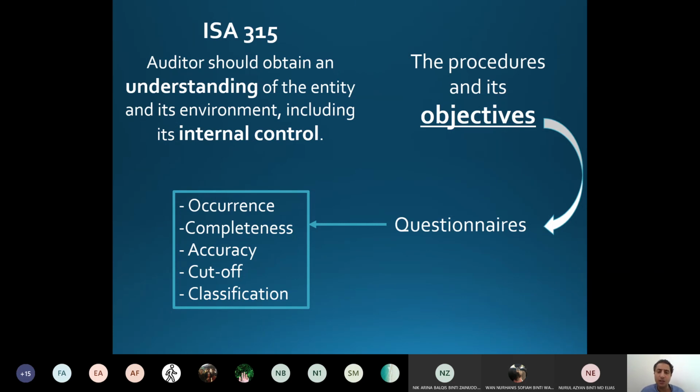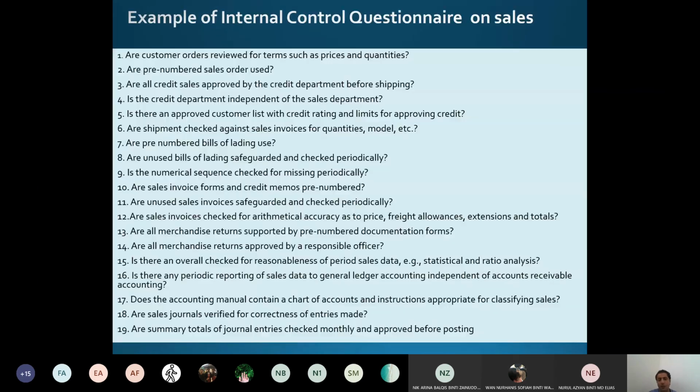The procedures and their objectives can be done through the questionnaire. We apply the questionnaire to check the accuracy, occurrence, completeness, cutoff, and classification. So this is an example of what questions we will include.